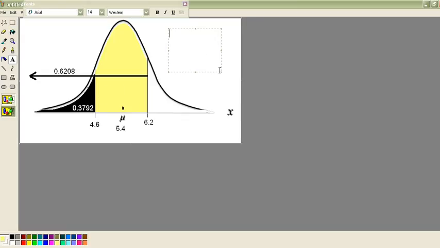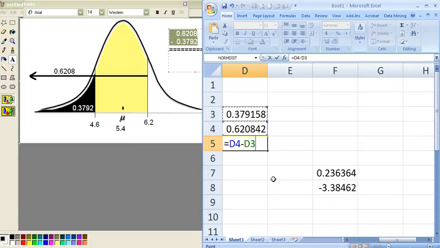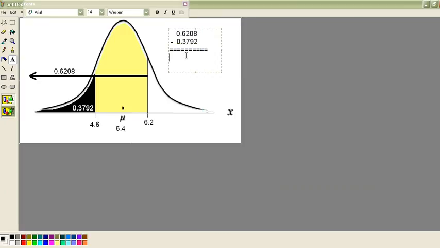Well, all I have to do is subtract 0.6208 minus 0.3792, and I'm going to subtract those. I'm going to get approximately 0.2417.